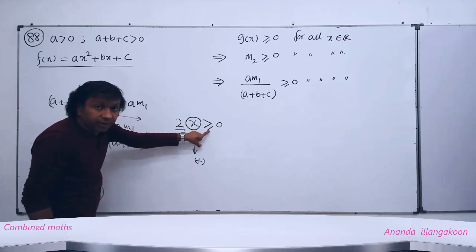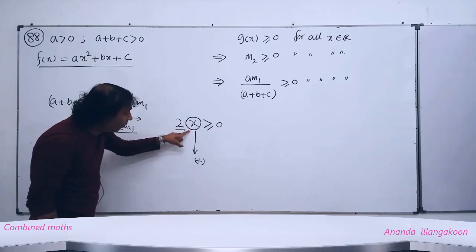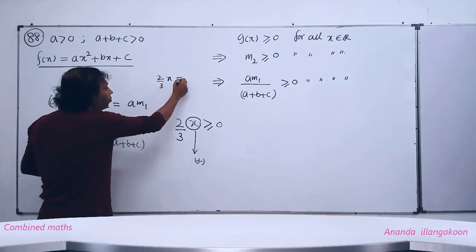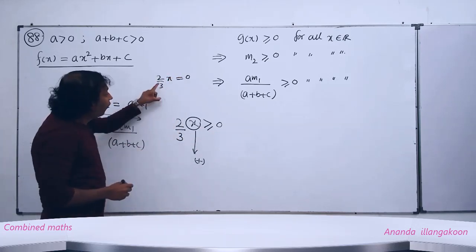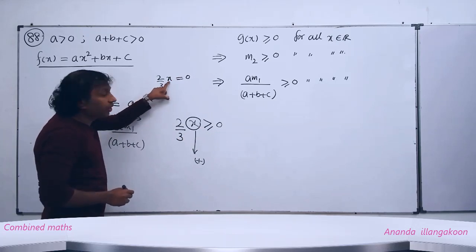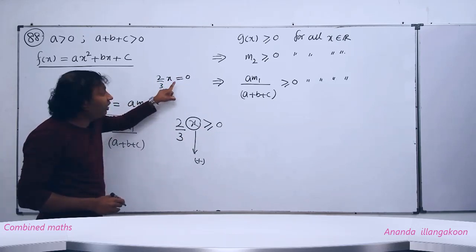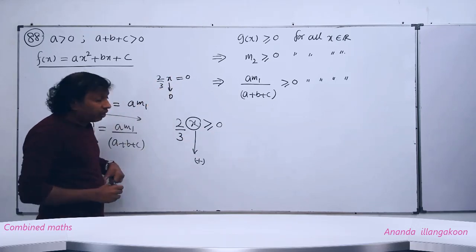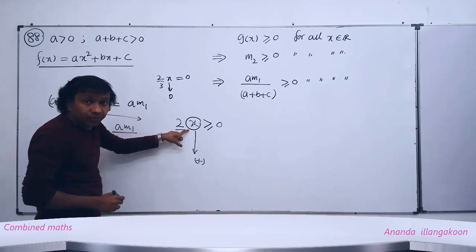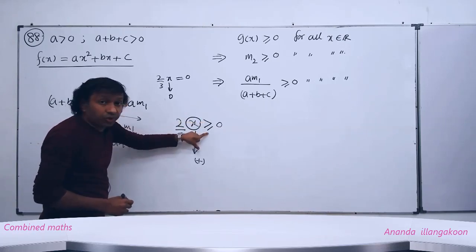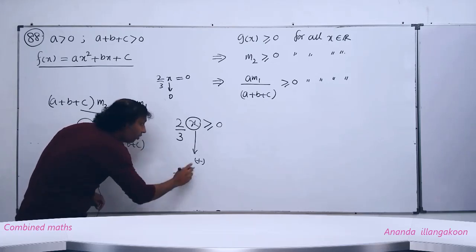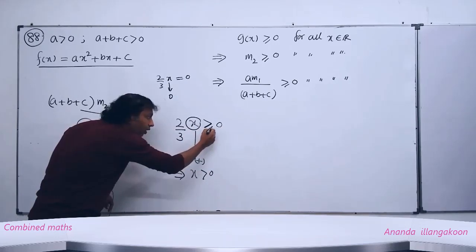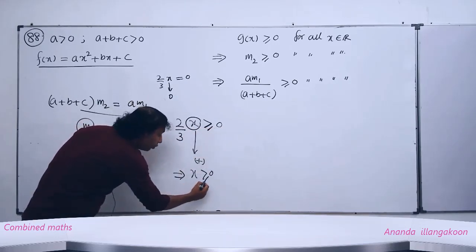Another equal sign: 2/3 multiplied by x should be equal to 0. When you multiply 2/3 by x, if the answer is 0, definitely x should be 0, no? So for the 2/3 x product to be positive or equal to 0, x should be positive or equal to 0.